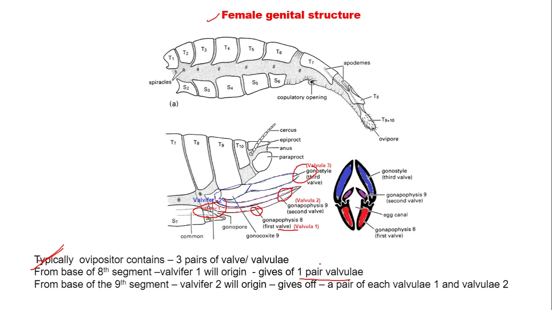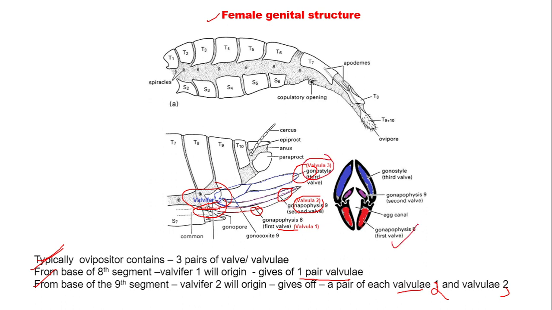Similarly, from the base of the 9th segment, valvifer 2 originates and it gives off a pair each of valvulae 2 and valvulae 3. See, these are the valvulae 2 and valvulae 3 pairs.